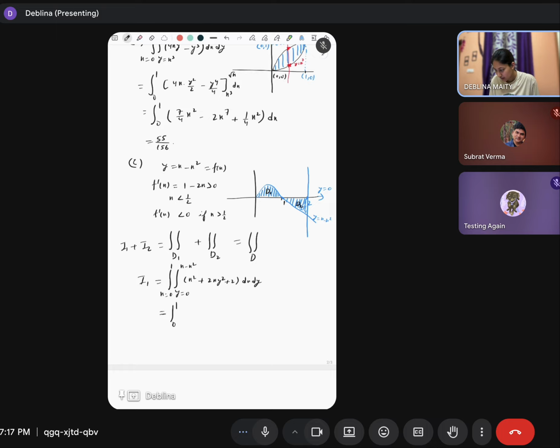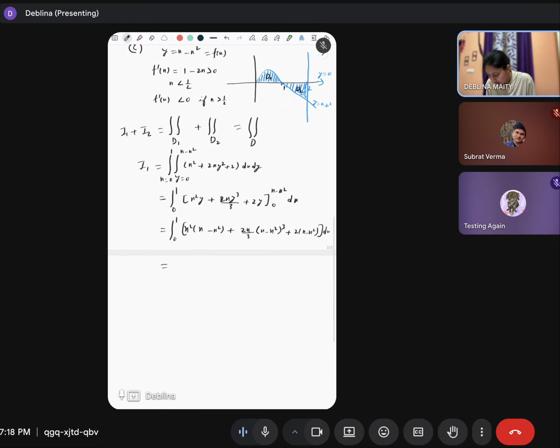Okay. Just quickly calculate it. So it will be x square y plus, and this is going to be, now if you do the calculation, you will find out that this value is 27 by 70.